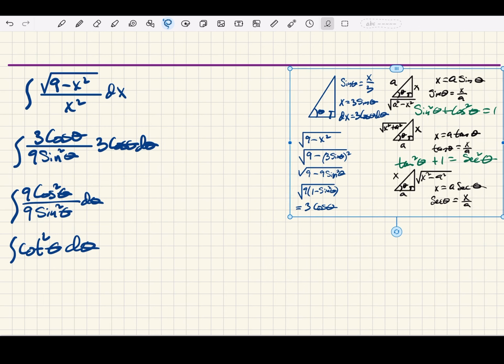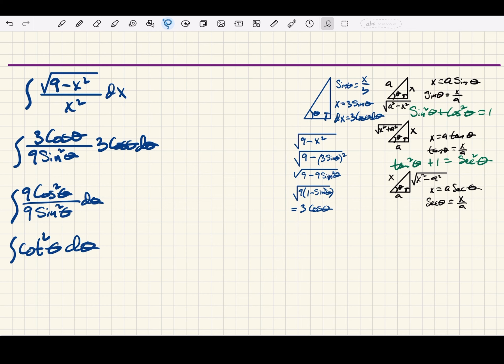Okay, so how do I integrate cotangent squared? Oh, wait a second. I don't really know about cotangent squared, but what do I know about? Well, I know about tangent squared, but what else do I know? I know cosecant squared, don't I?